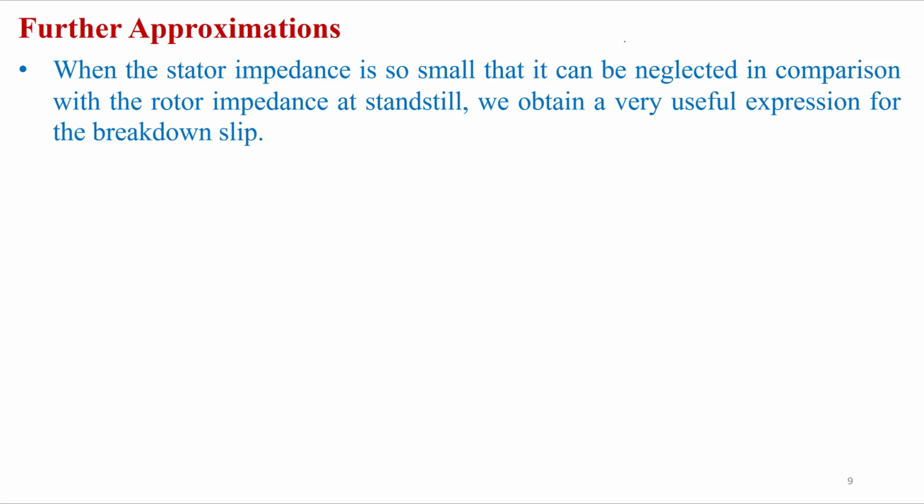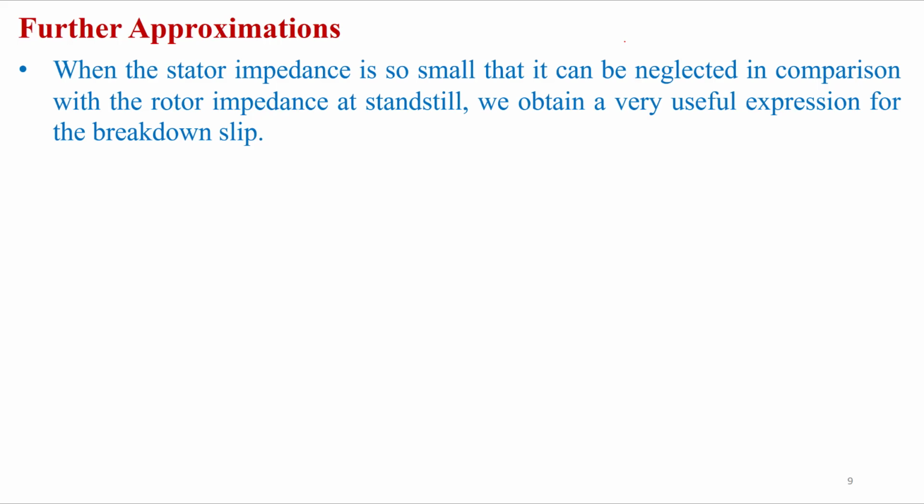When the starter impedance is small, it can be neglected in comparison with the rotor impedance at standstill condition. Under standstill condition, the impedance of the starter is very small.